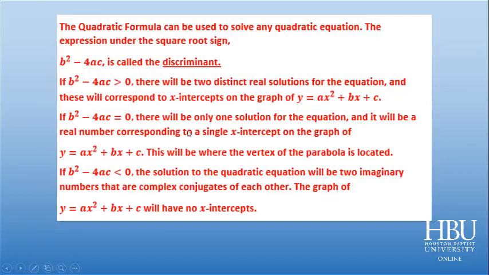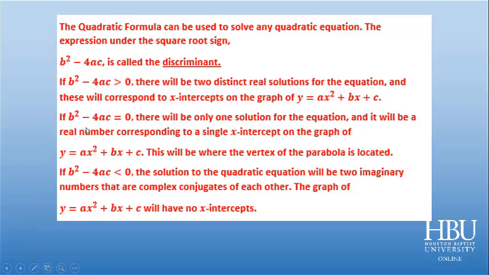If you look at the part of the quadratic formula that is under the square root sign, the b squared minus 4ac, that has a special name. It's called the discriminant. If b squared minus 4ac is greater than 0, there are going to be two distinct real solutions for your quadratic equation, and they would correspond to the x-intercepts on the graph of the equation y equals ax squared plus bx plus c.